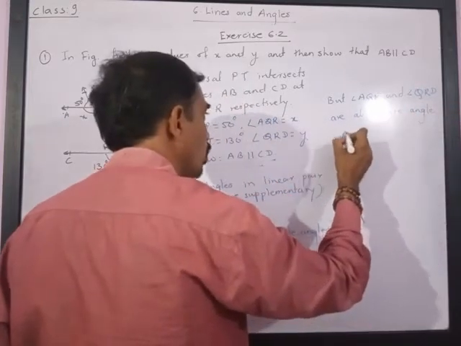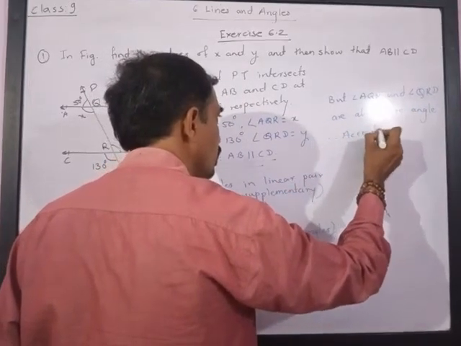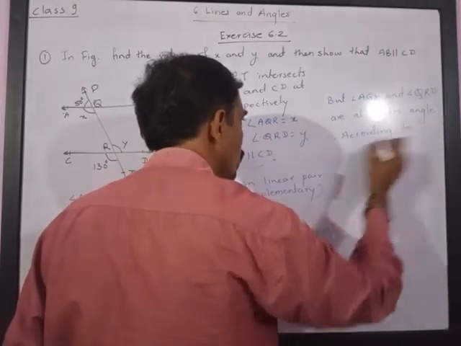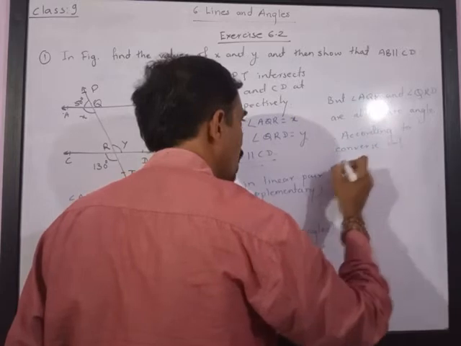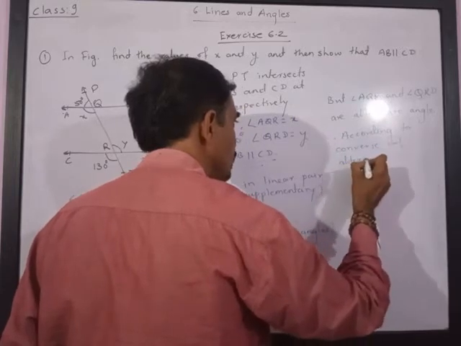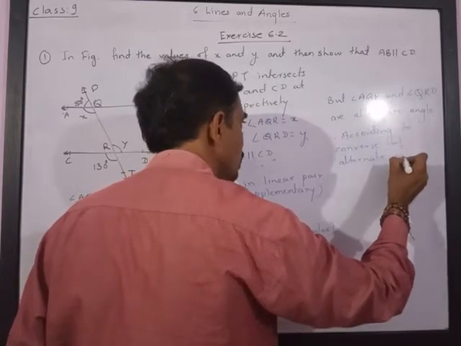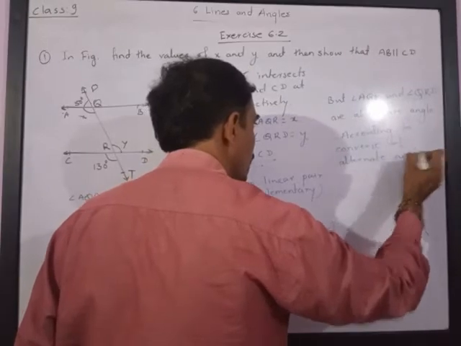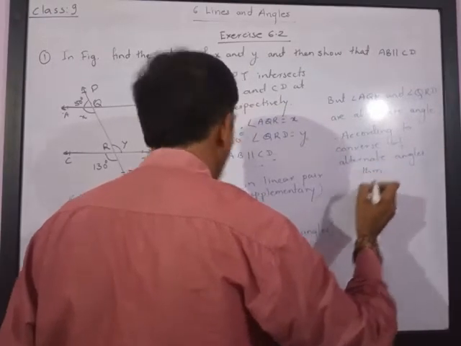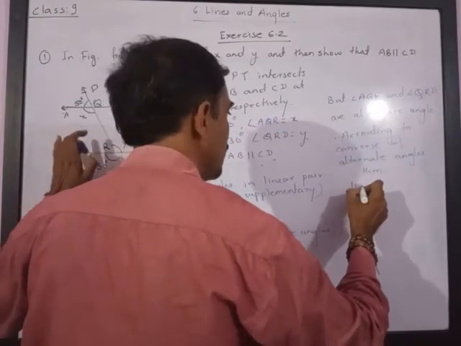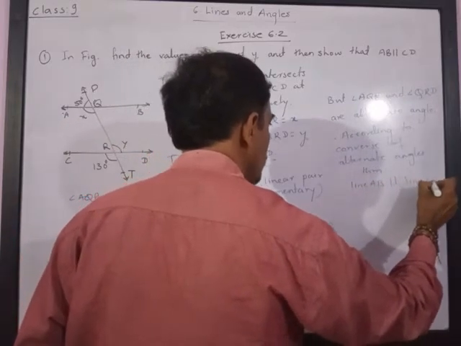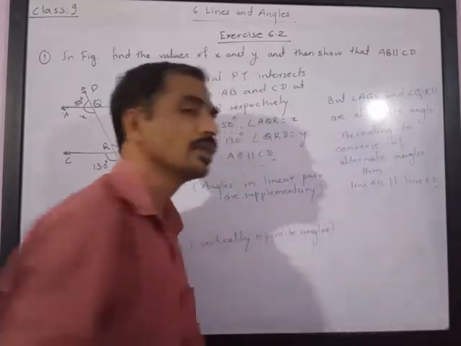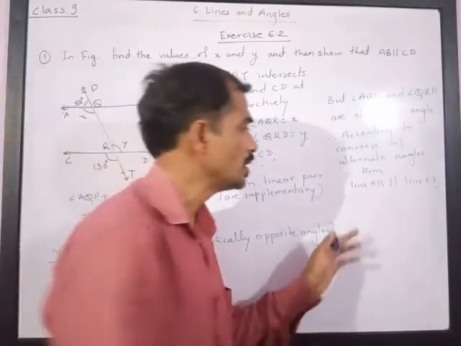Therefore, according to the converse of the alternate angles theorem, we can say that line AB is parallel to line CD. Hence proved. Thus proved.